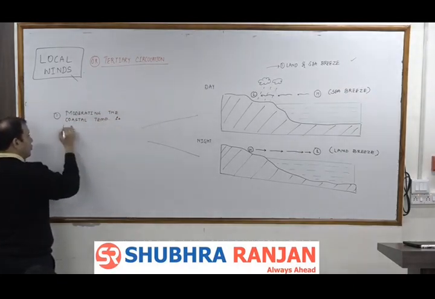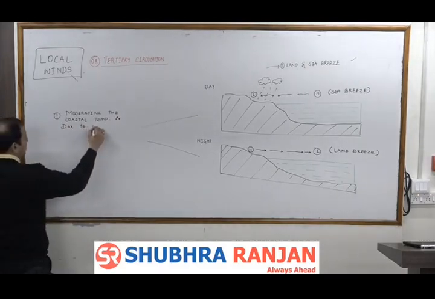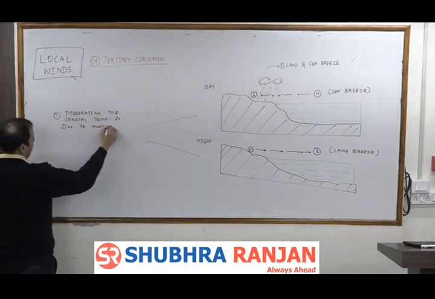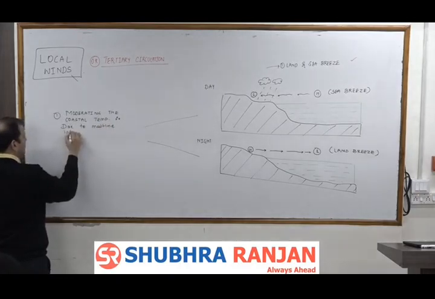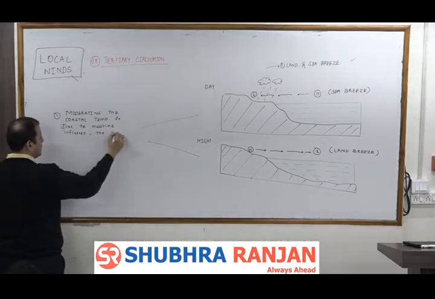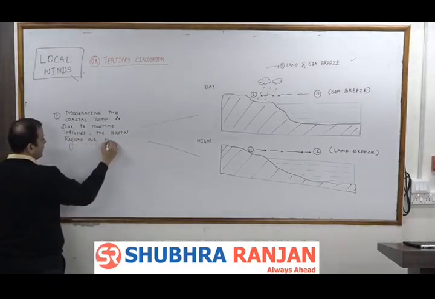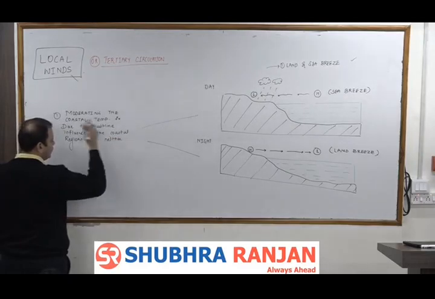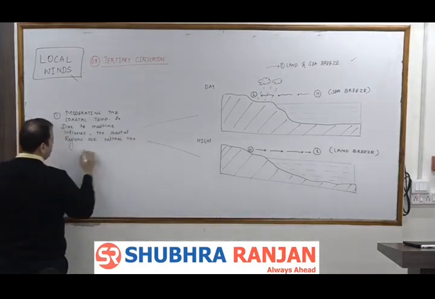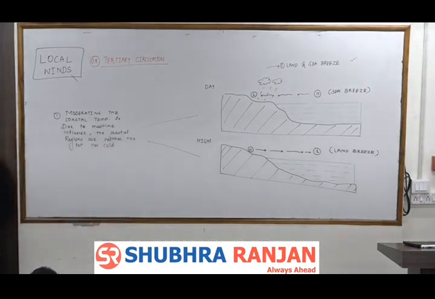Therefore, due to maritime influence या due to ocean का influence, the coastal regions are neither too hot nor too cold. So Chennai, Mumbai, Kolkata is not very hot.